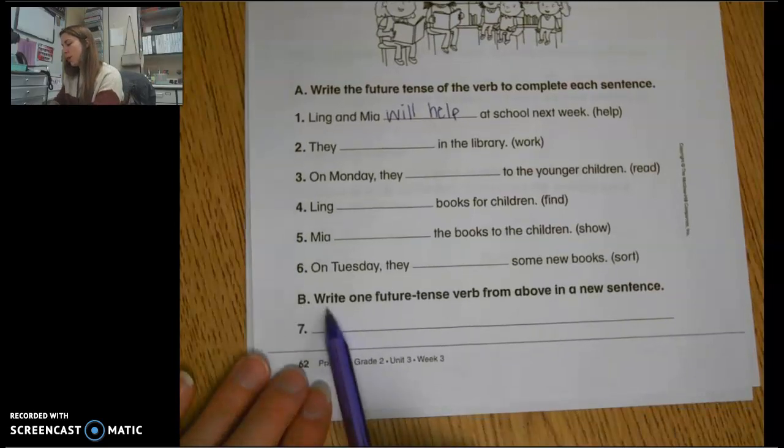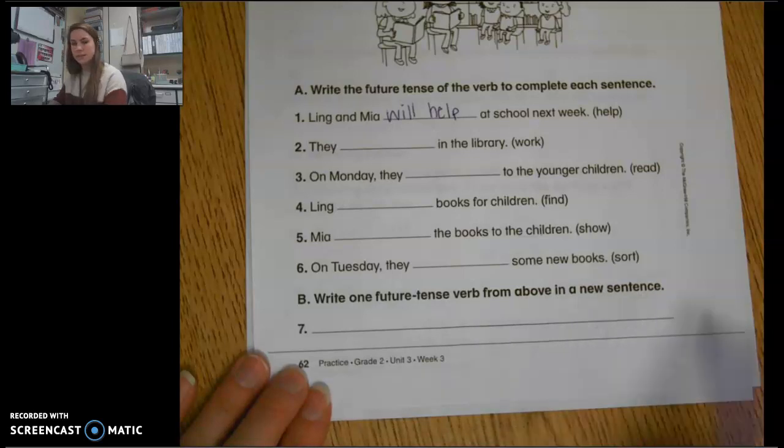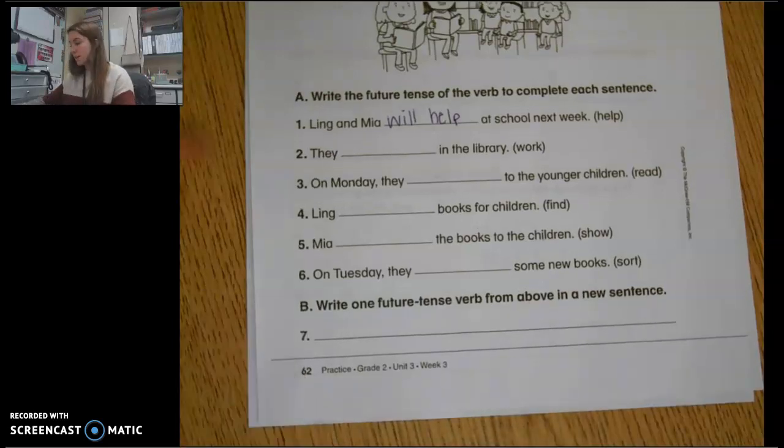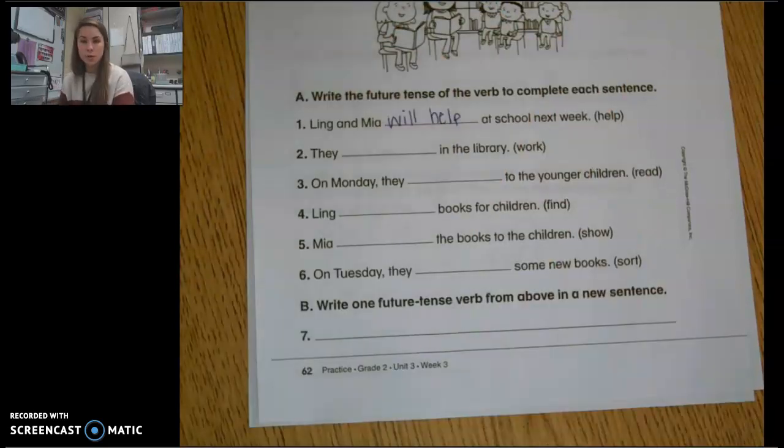Part B says, write one future tense verb from above in a new sentence. That means you cannot write one of these sentences on the line. You need to look at these verbs and write your own sentence.